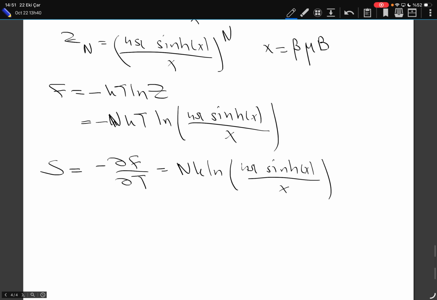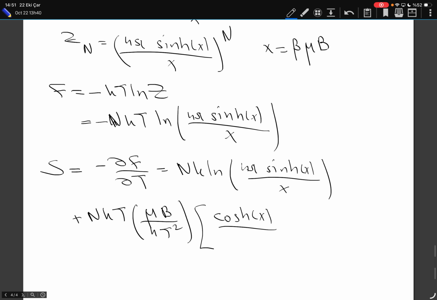And then I have plus nkt times the derivative of the logarithm with respect to x, times the derivative of x with respect to t, which will be mu times b over kt squared, times the derivative of that logarithm with respect to x, which will be cosine hyperbolic x over sine hyperbolic x minus 1 over x.